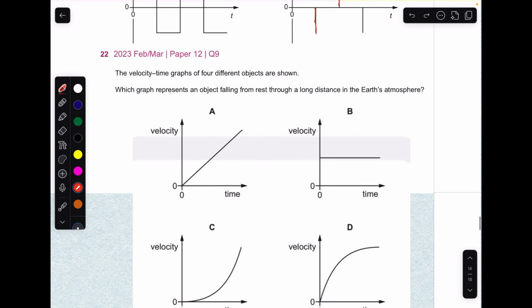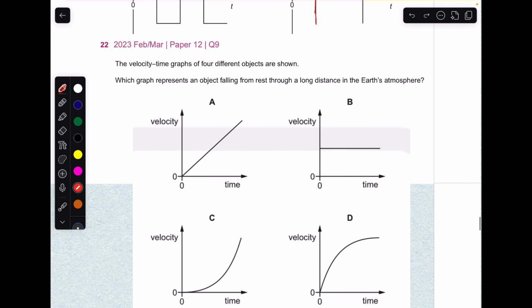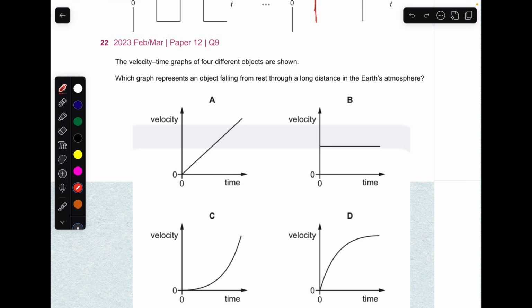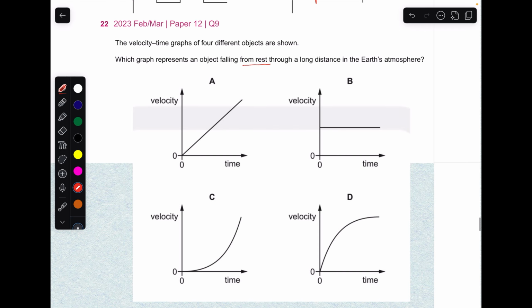In the next question, again we have graphs, but these are velocity-time graphs. What they are telling us is, which graph represents an object falling from rest through a long distance in the earth atmosphere? In the earth atmosphere means there is air resistance.